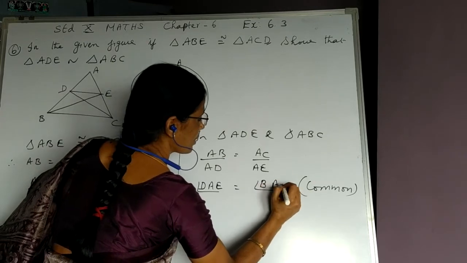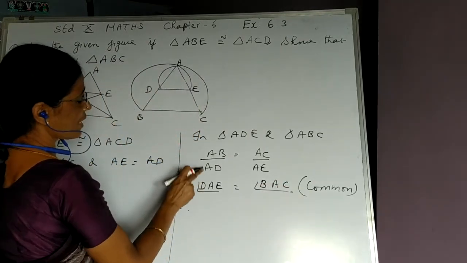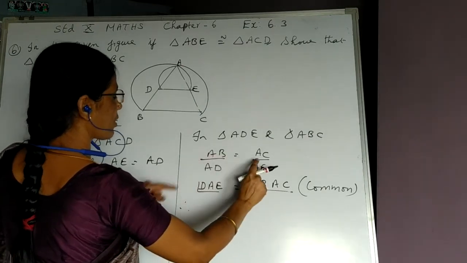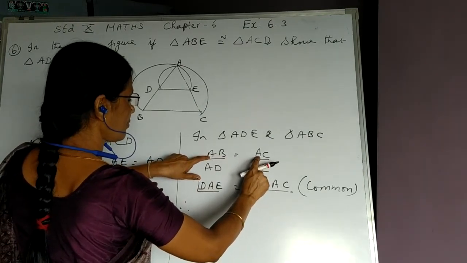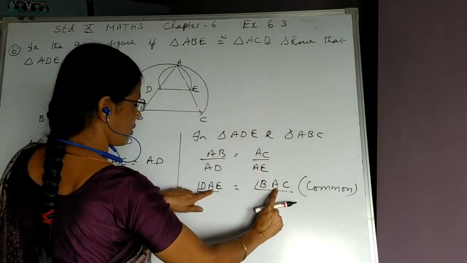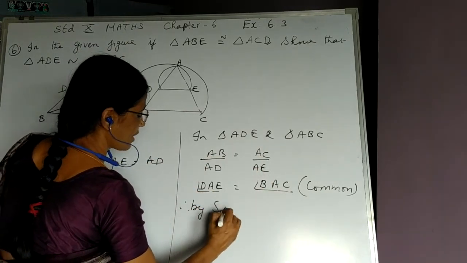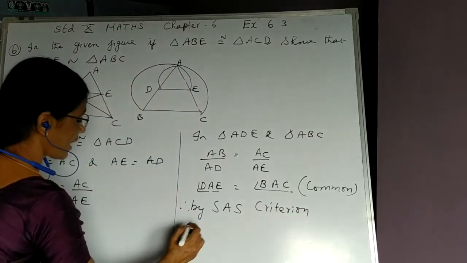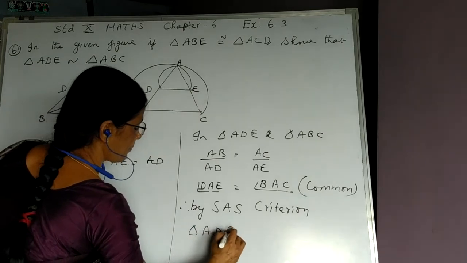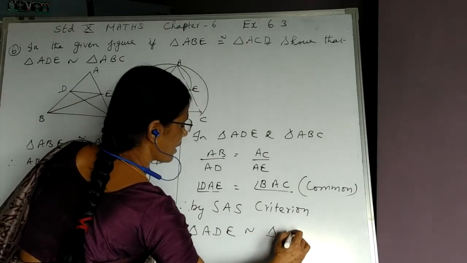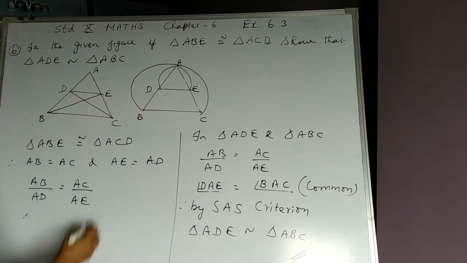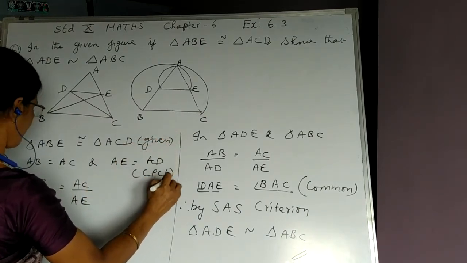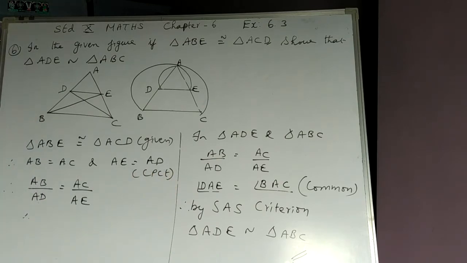This is nothing but BAC. So two sides are proportional and the included angles are equal. We know how to find the included angle: the common alphabet, that is the included angle. Therefore, by which criterion? By SAS criterion, triangle ADE is similar to triangle ABC. This is given. This is by CPCT. Therefore, we got this.